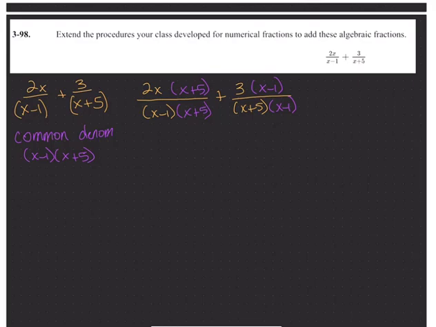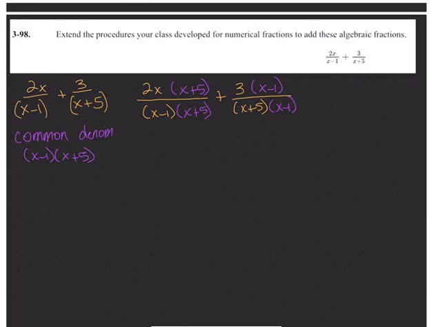And if you wanted to check a little bit, if you're looking for those common factors on the top and the bottom, that x plus 5 would cancel out, and we're right back to where we started from. This x minus 1 would cancel out, and we're right back where we started from. We don't want to go backwards, but it's a good little check to make sure that we're on the right track, right?